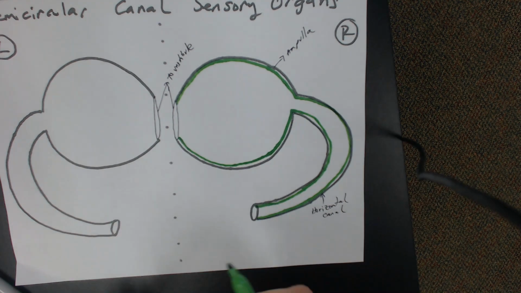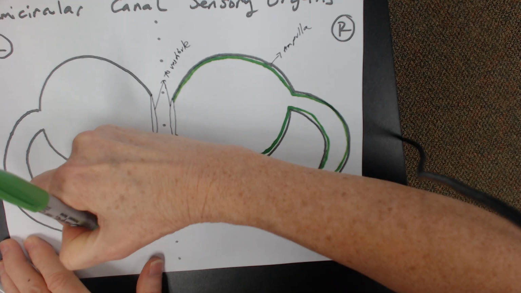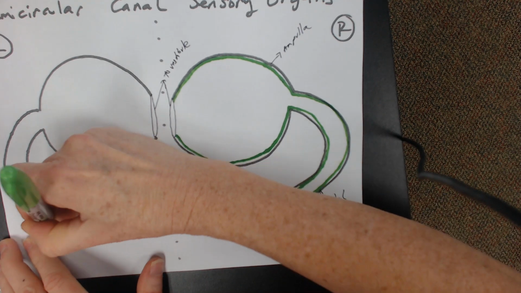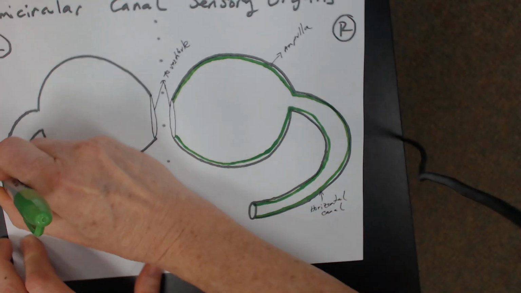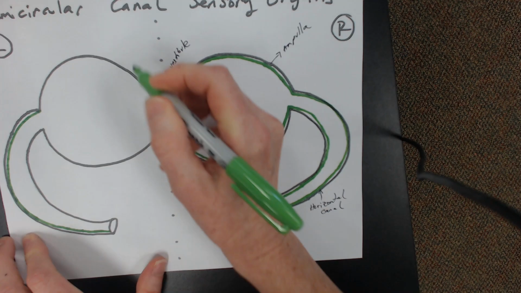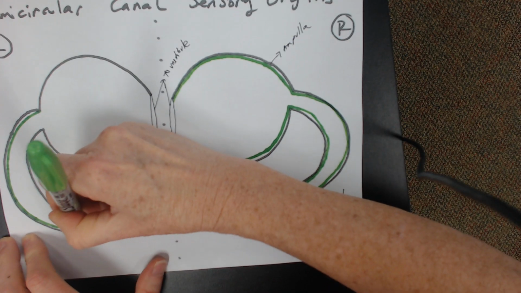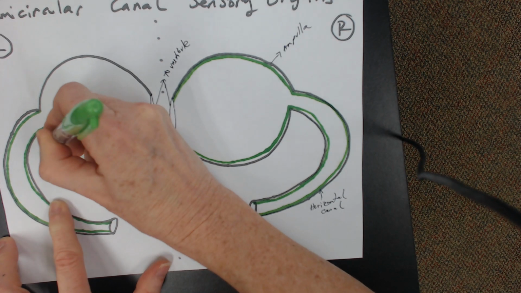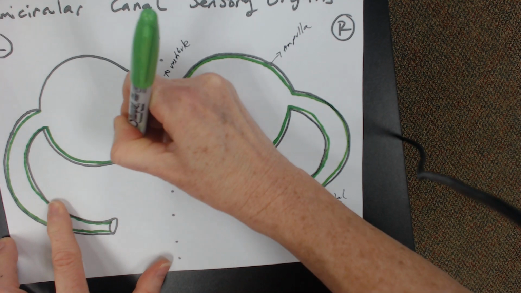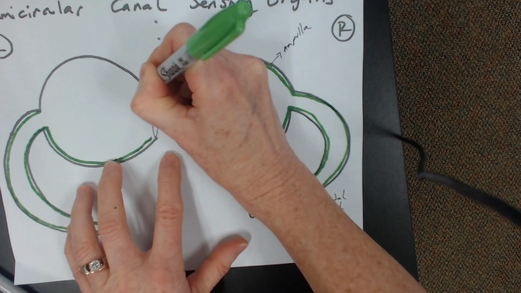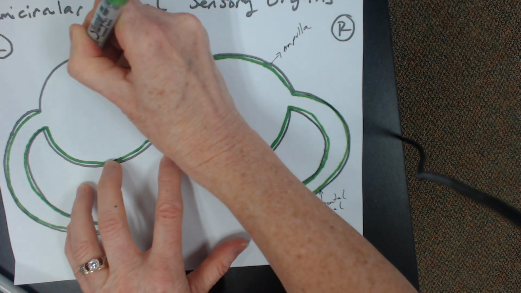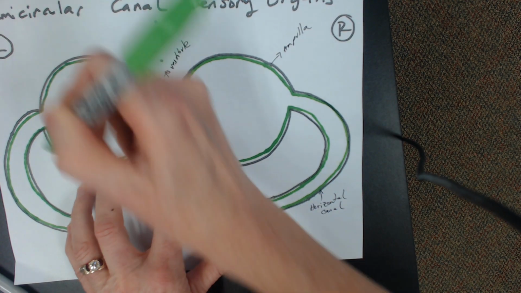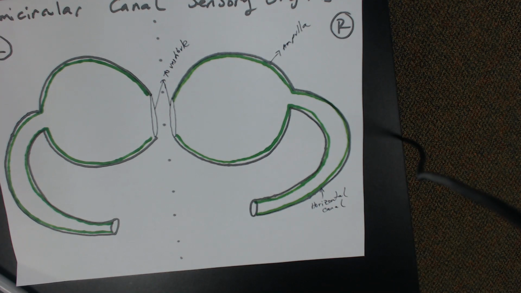We can do that for both the right and the left sides. So all you're doing is just drawing in your membranous labyrinth inside your semicircular canals, all around the canal portion and the ampulla, which houses the sensory organ. Everybody with me? We've done this a couple times before, just trying to make sure everybody's oriented.